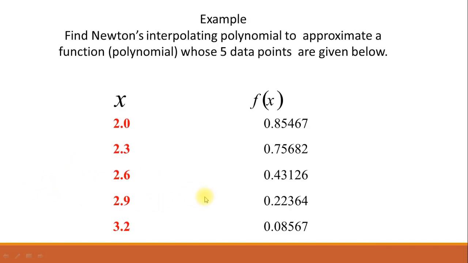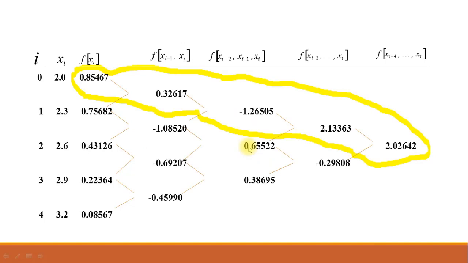Now let's move on to an example of how to construct a Newton divided differences polynomial and how to construct the divided differences table. Here some points of x are given and these are the values of y. So first of all, to construct the divided differences table, these are the values of x and these are the values of y.